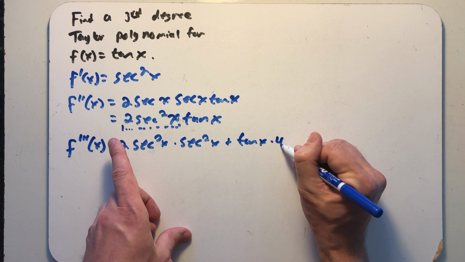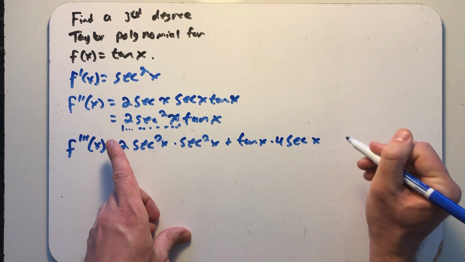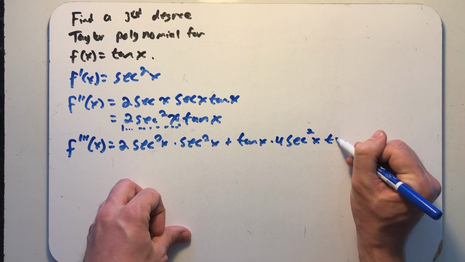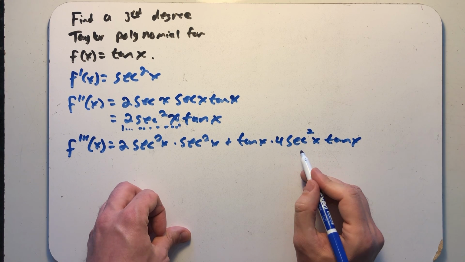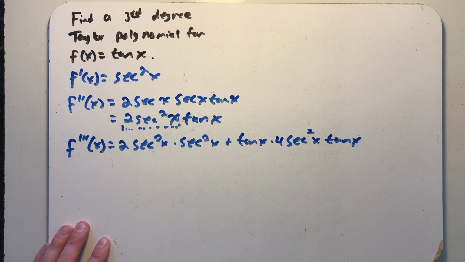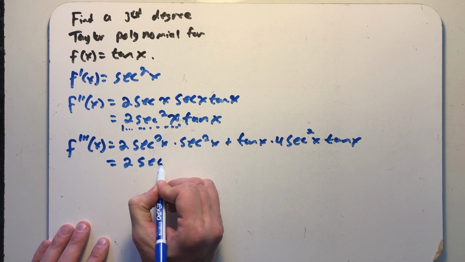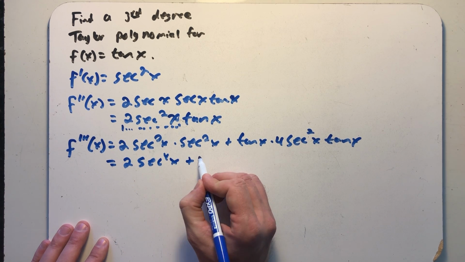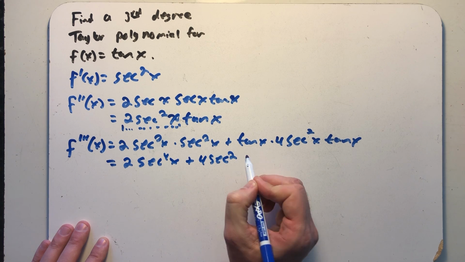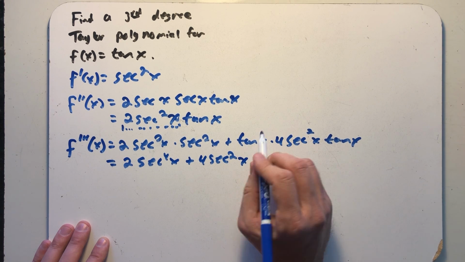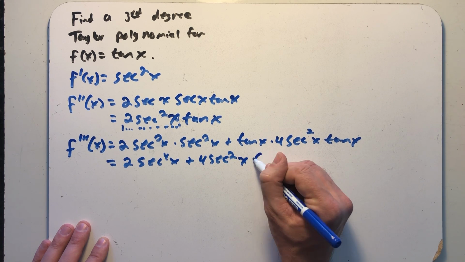So let's see, that's going to be 4 secant x times the derivative of secant, which is another secant tangent. So I'll end up with a secant squared tangent x. And let's see what happens. That's a 2 secant to the 4th x plus 4 secant squared x tangent squared x.